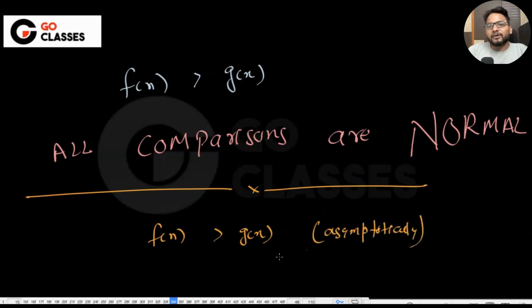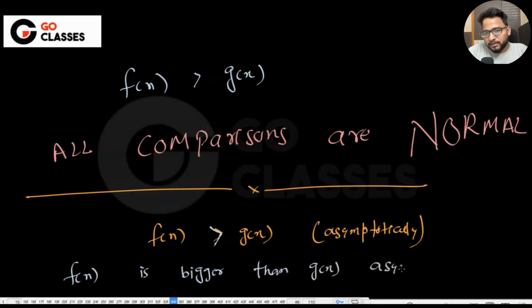Otherwise I cannot write it formally. I don't know if there is any standard book that uses this kind of notation. They don't use these comparisons. They will just say Fn is bigger than Gn asymptotically.